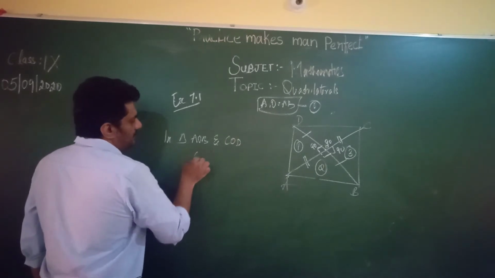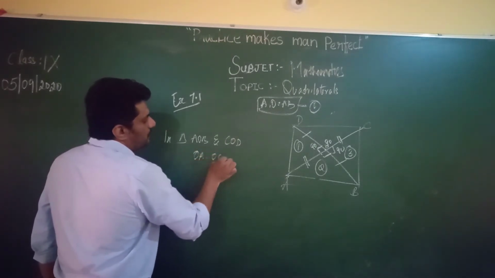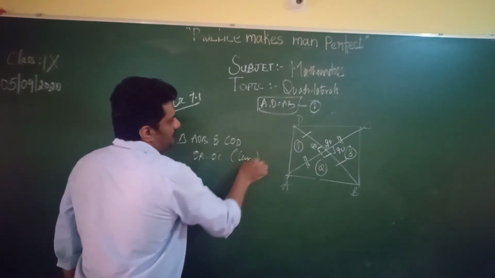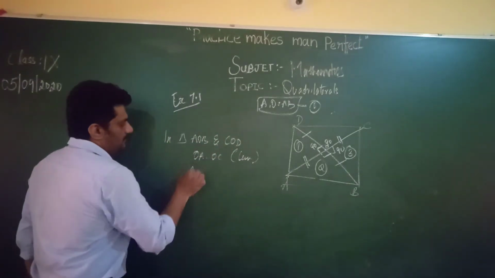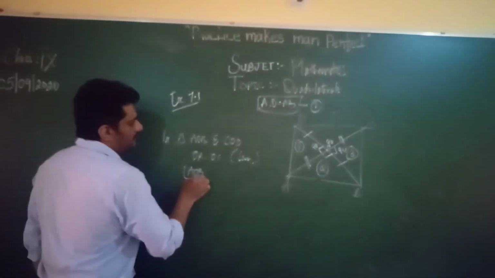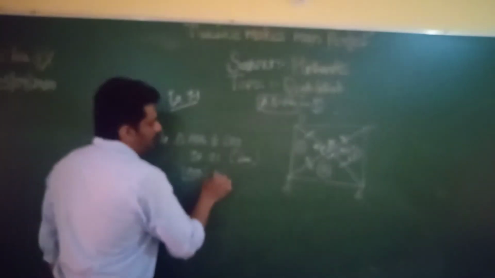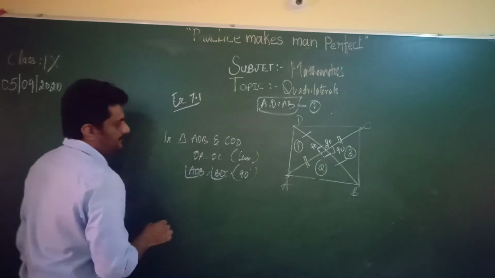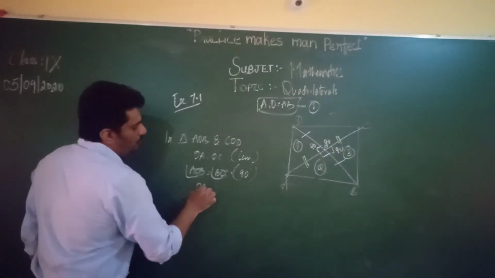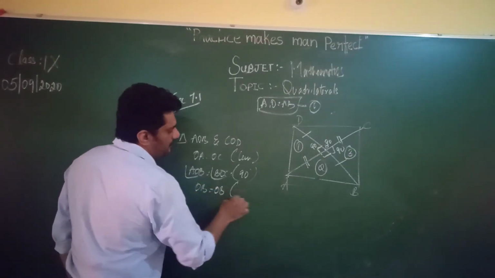Again, tell OA is equal to OC, given. And then 90 degrees I have here. Angle AOB is equal to angle BOC, 90 degrees given, and then OB is equal to OB, common.